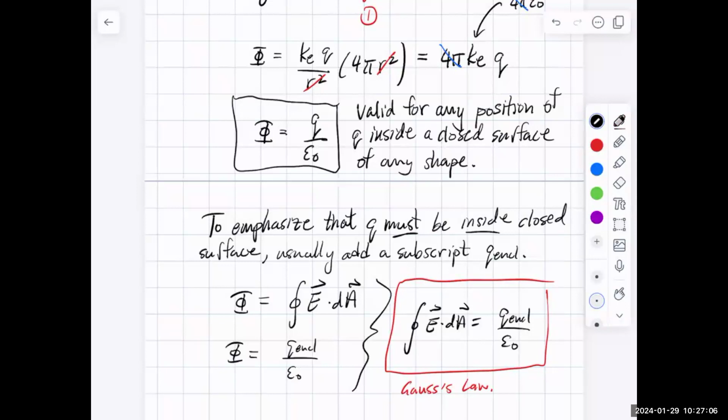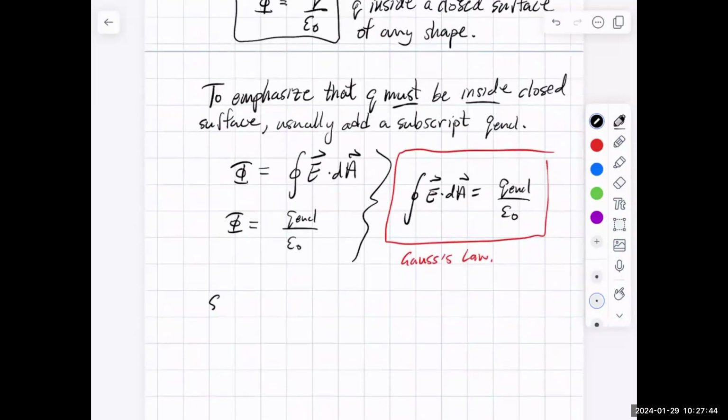We could take a rod and give it some linear charge per unit length, or we could take some kind of funny peanut shape that has a charge on its surface, and we put that inside a sphere. Well, if this is true for a point charge, we could put a bunch of point charges, line them up in a row, and make a line of charge, and this is still going to be valid. So this is also valid not only for point charges, but any distribution of charge that sits inside our closed surface.